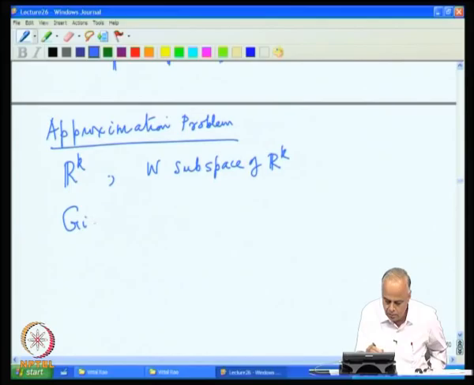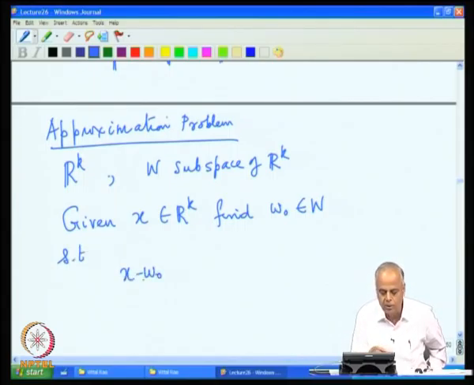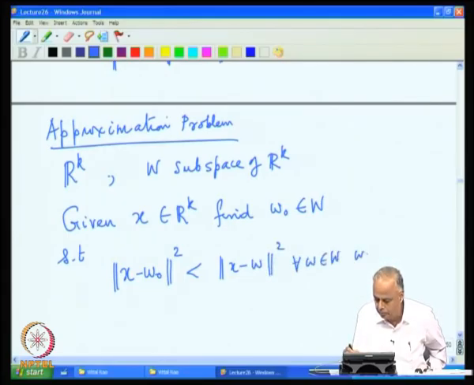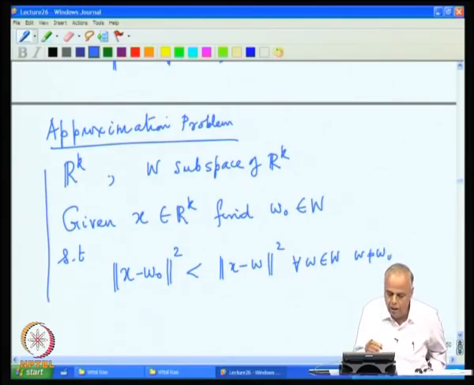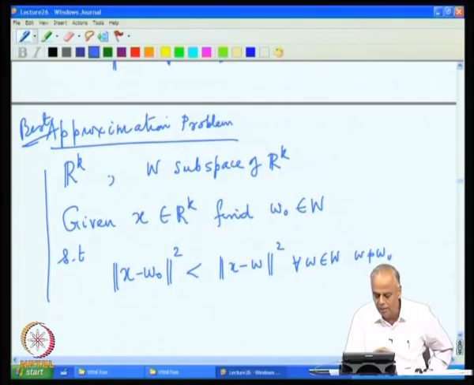Given x in R^k, find W naught in W such that if we take W naught as the approximation for x, the length of the error squared is less than the error for any other vector in W. We will call it the best approximation problem, because any other vector can do only a worse job, because the error will be more. Here we are trying to minimize the error.